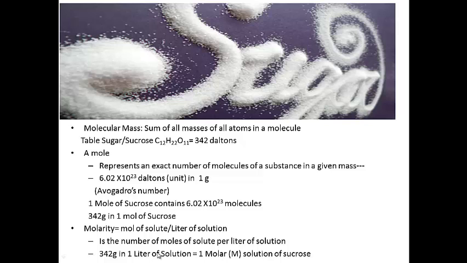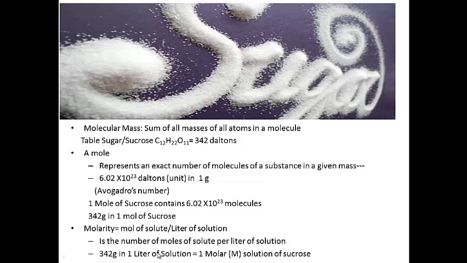Okay. And so, because of this relationship between the Daltons and the grams, because there are 6.02 times 10 to the 23 Daltons in 1 gram, I can say that in a mole of sucrose, there are 342 grams. So, I say, okay, I need you to make me a 1 molar solution of sucrose.